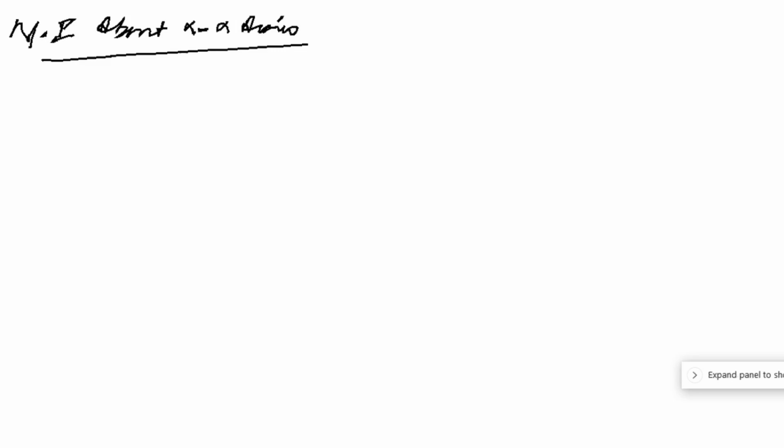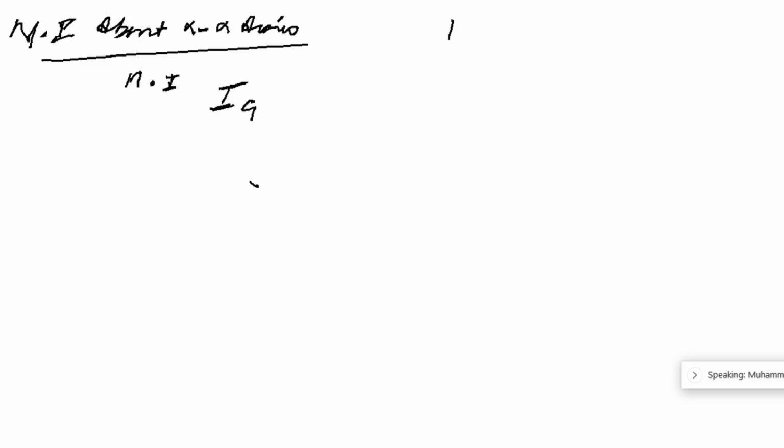As we have already calculated for any rectangular section, the moment of inertia about the center of gravity. Can anybody tell me what is the moment of inertia of a rectangular section about an axis passing through the center of gravity and parallel to the x-axis? Does anybody remember that?